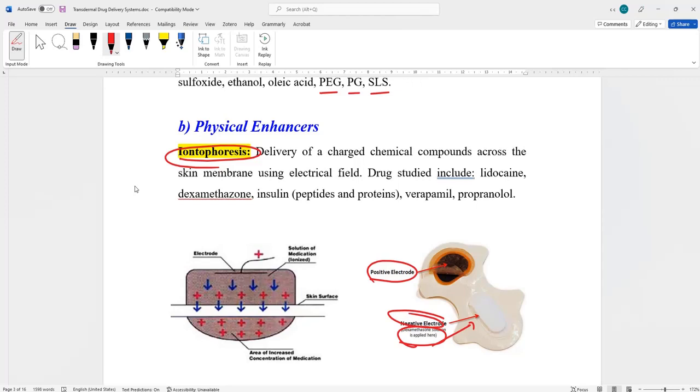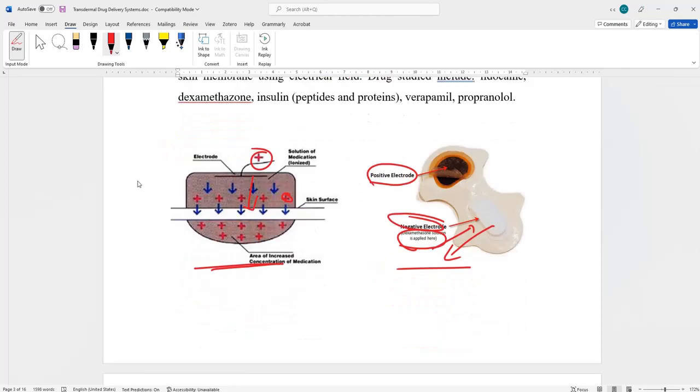What happens? The negative electrode will push the drug through the skin because they have the same charge. Here is another illustration. You have a positive drug and a positive electrode, and this will force the drug through the skin. This is referred to as iontophoresis. So the drug moves because of the electrical field.